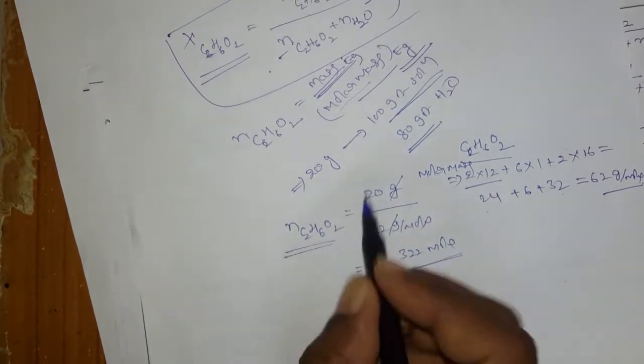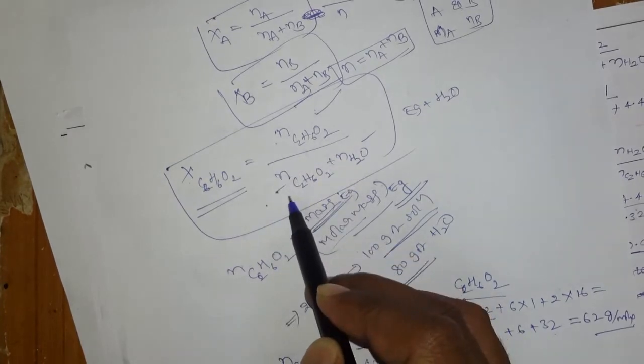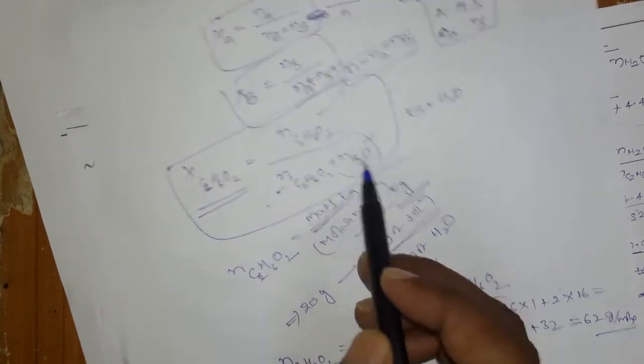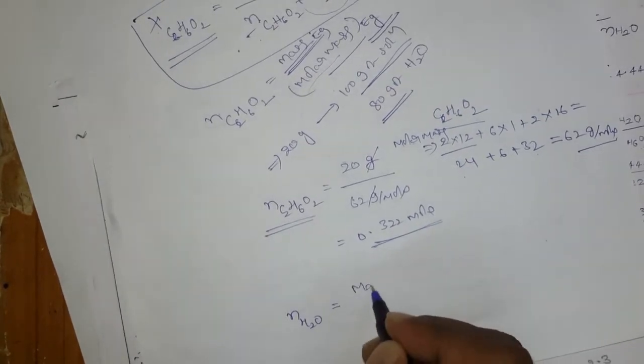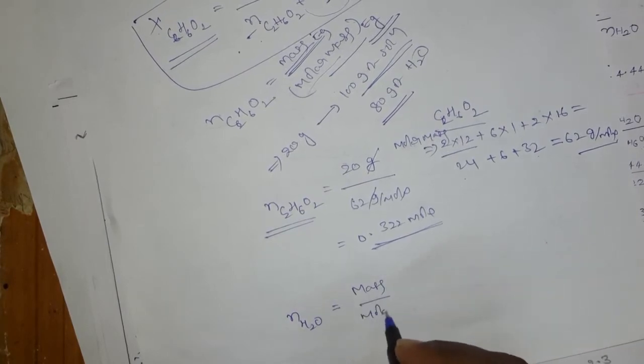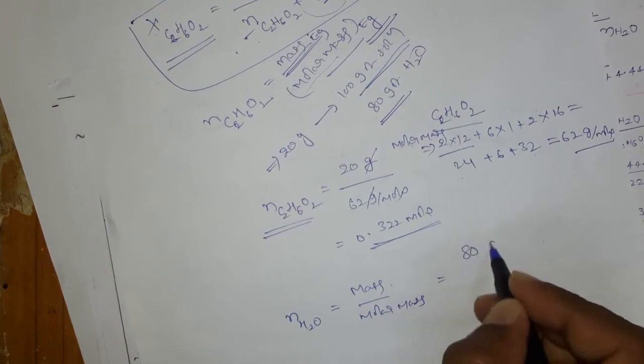Now you have this value, and the same thing you need for water. What is the number of moles of water? It is the mass of water divided by the molar mass. The mass of water is 80 grams.